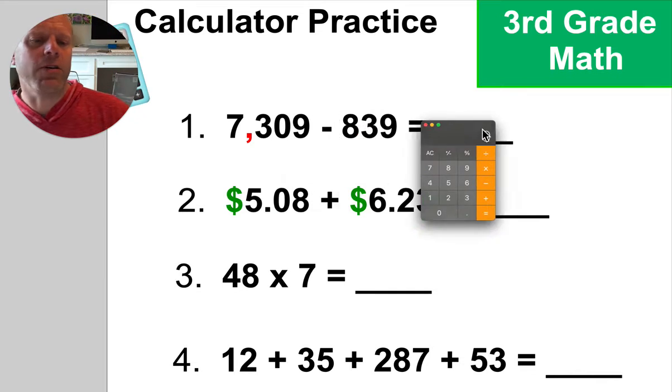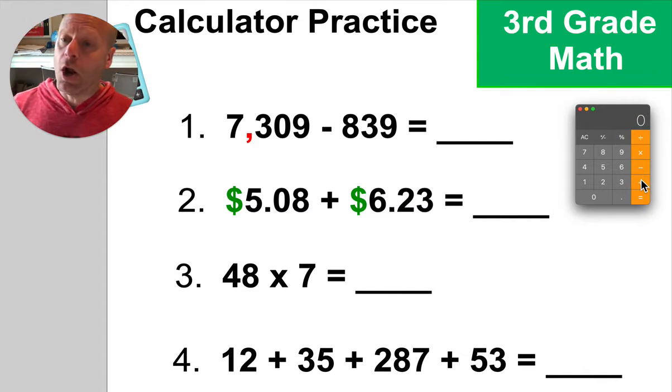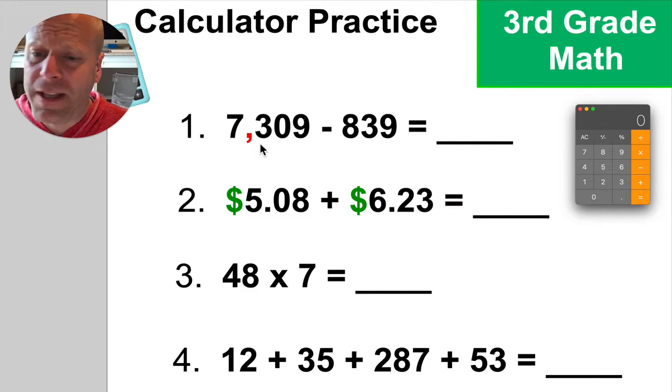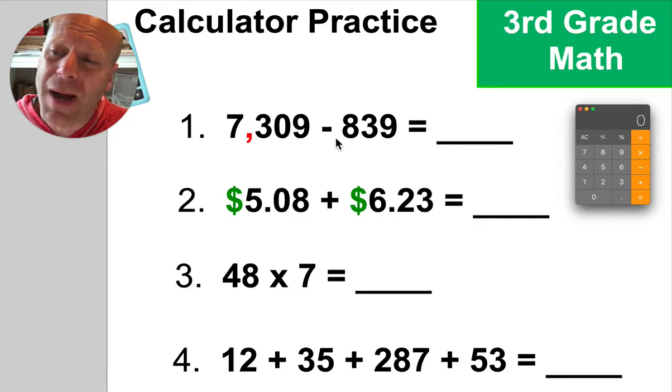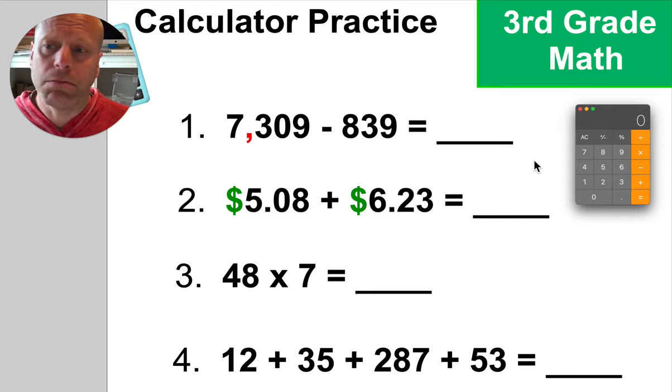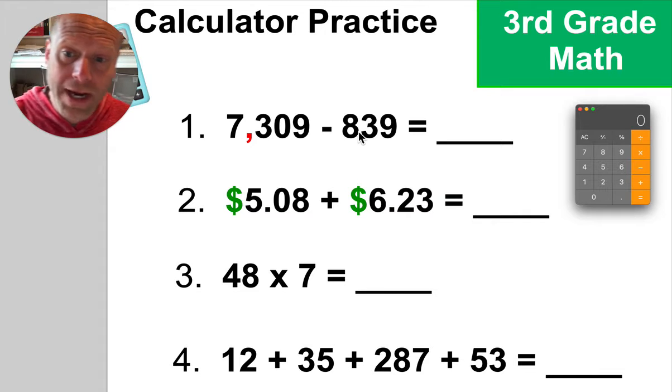Here's my little calculator I have on my screen here. Hopefully you have one at home. And I'm just going to do a big subtraction problem. This problem is in the thousands, right? I could probably set this up, stack it, and solve it. But there's some regrouping in there, and why do that when I have my calculator? I'm going to go ahead and just type it in the way it is in the problem.